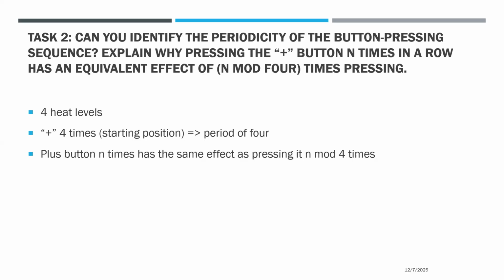Since there are 4 heat levels, pressing the plus button 4 times always brings the stove back to the starting position, which means the system has a period of 4. As a result, pressing the plus button n times has the same effect as pressing it n mod 4 times. This explains the repeating pattern of the stove's controls. It's clear.